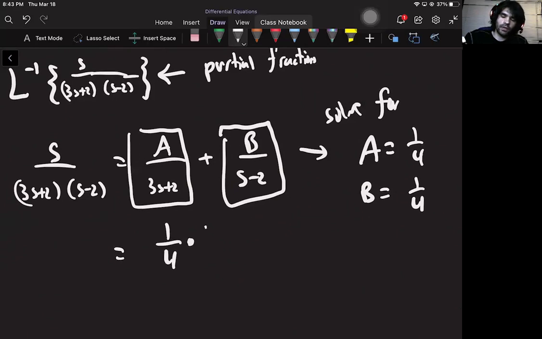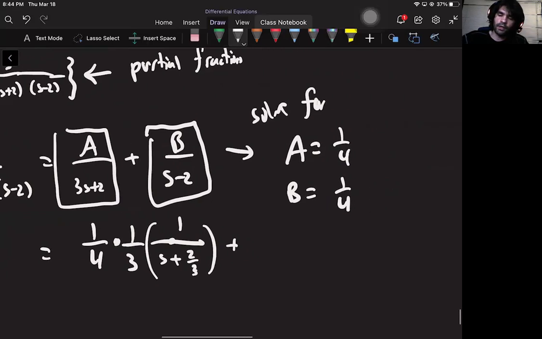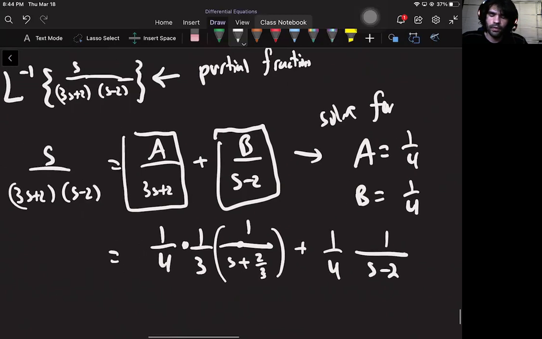So I really want to write these as 1 over s minus something. So I'm going to also factor out a 3 here. So this can be s plus 2/3. And then b is 1/4. This one is already nice. It's 1 over s minus 2.